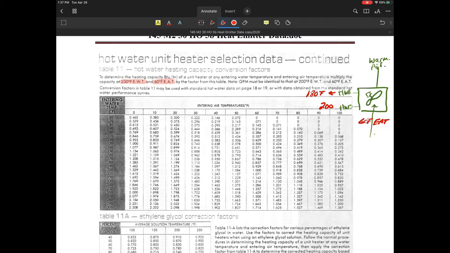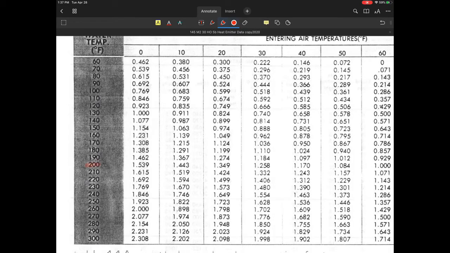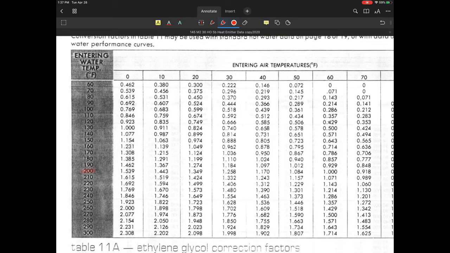In the rating system that they're identifying here, we're going to identify an entering water temp in my diagram of 200 degrees Fahrenheit. Okay, and I'm going to go all the way over until I find a factor of 1.0.